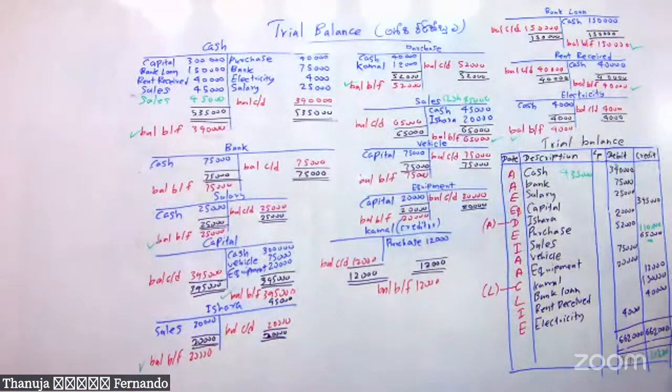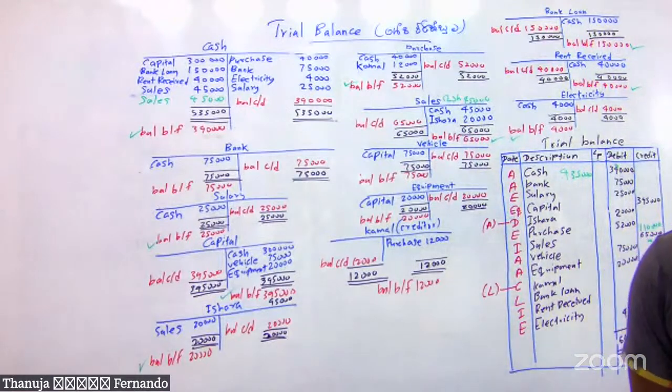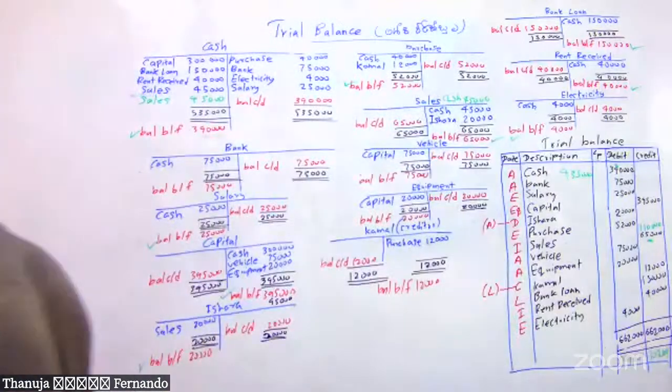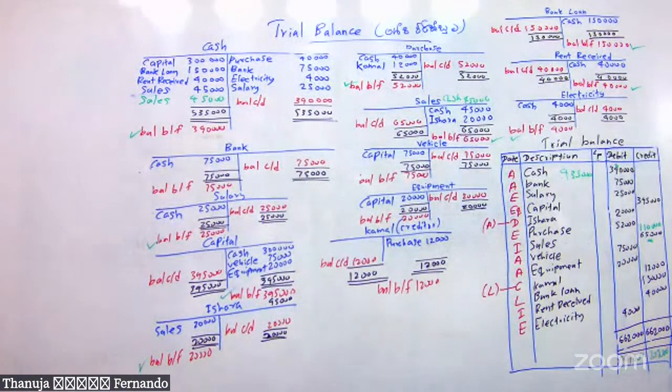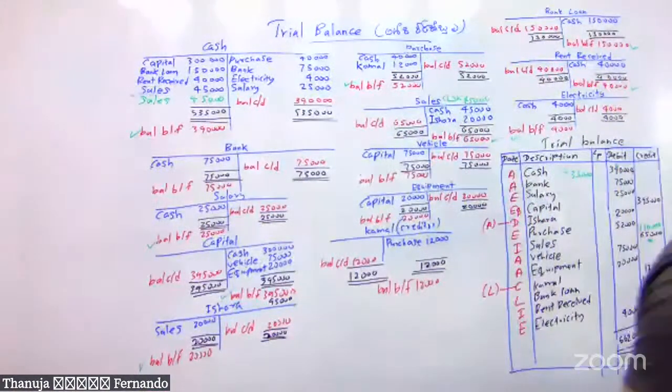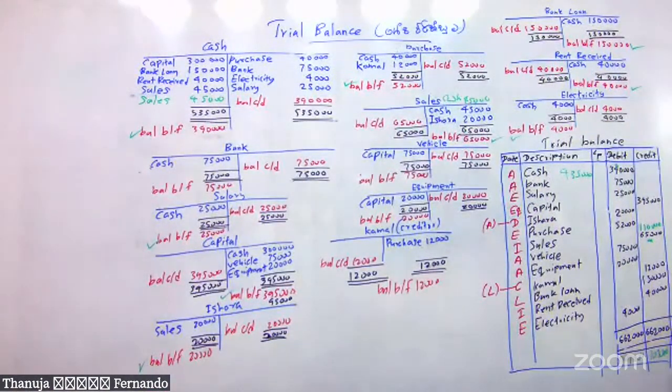Then the third one, now write it out: recording the same transaction twice in the accounts, in the books or in the accounts.